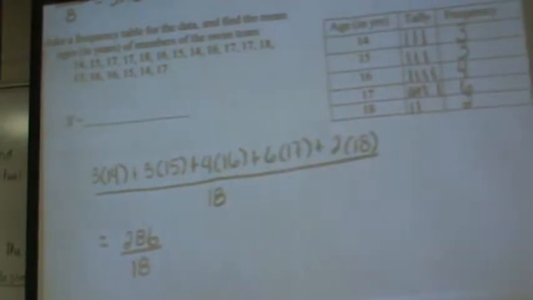When we simplify this, it equals 289. So this is 289 over 18.